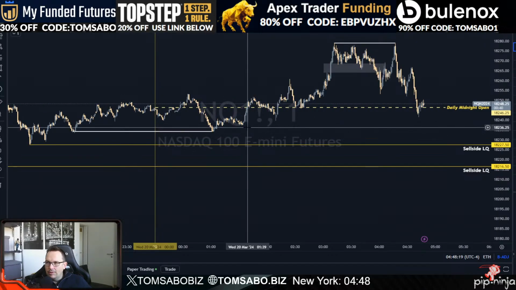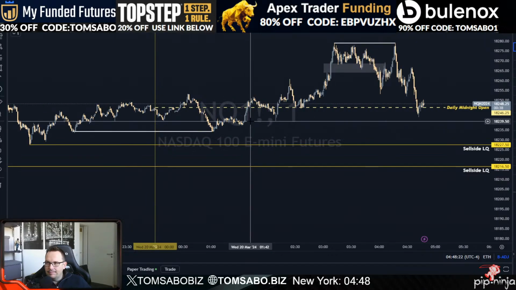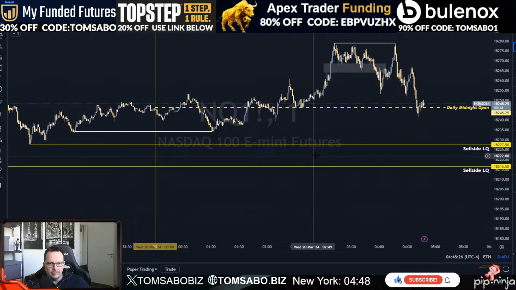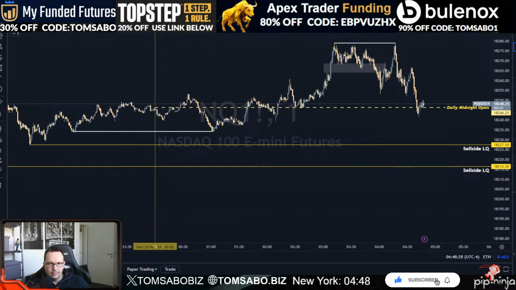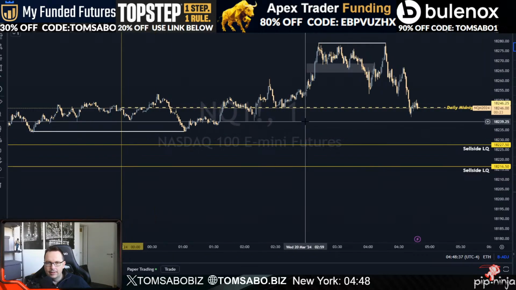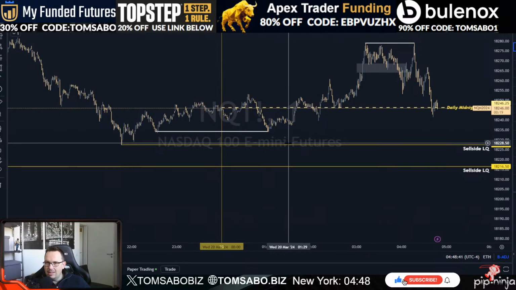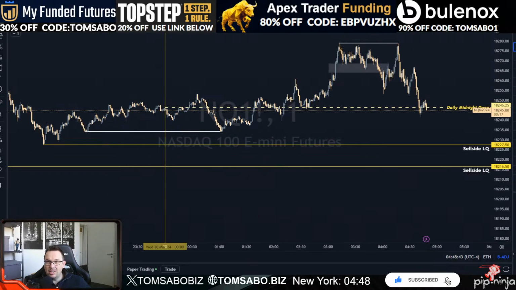We're below the 50s, but it can go anywhere from here. The question is if it wants to go for those Asia lows or not. Is it going to displace lower? It just needs around 15 points.